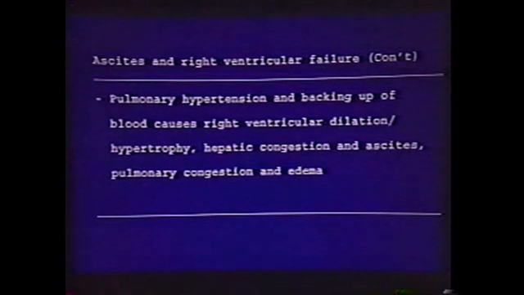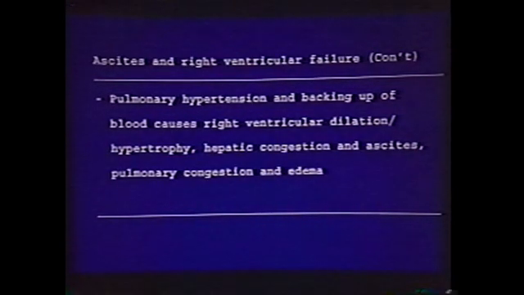This is backing up of blood in the lungs. That will cause right ventricular dilation. The right ventricle is not built to pump against the pressure.